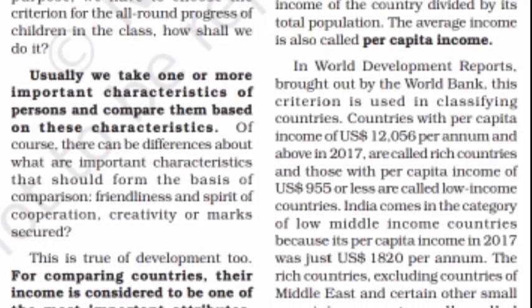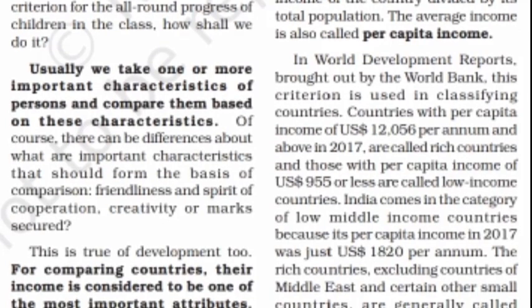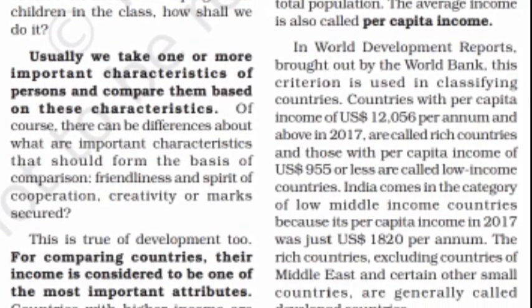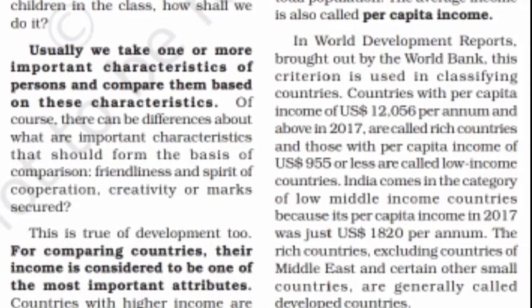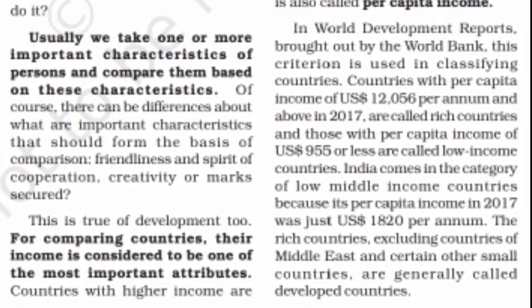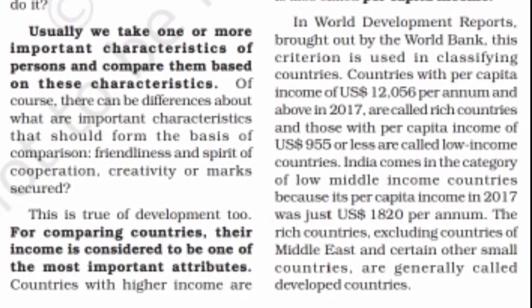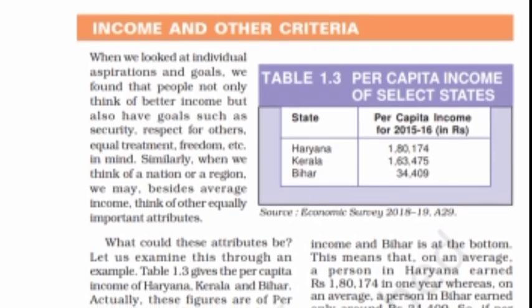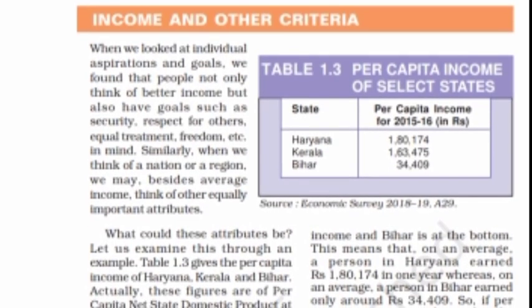And now we are taking the per capita income of Bihar, which is only 31,454. So for the development of a nation or a state, average income or per capita income is very much needed. Moving to our next topic, income and other criteria.